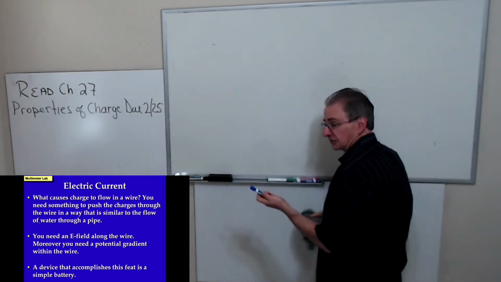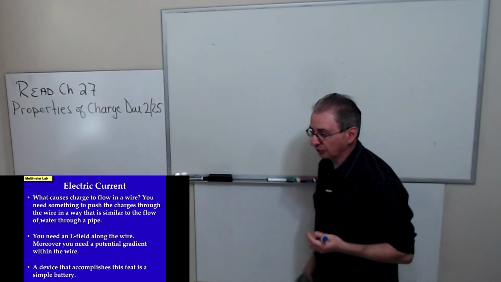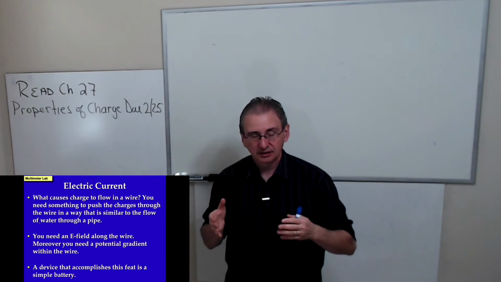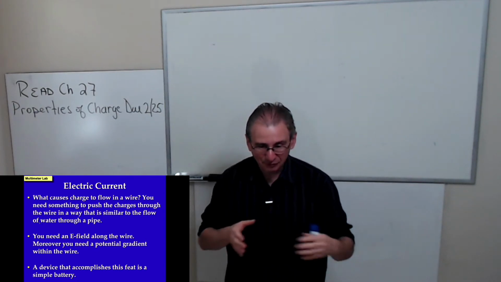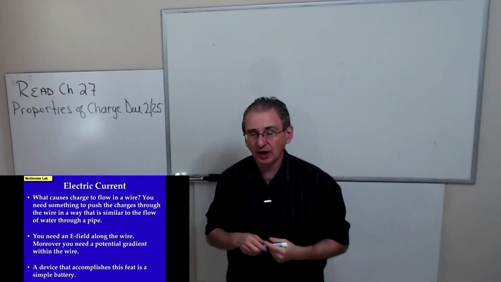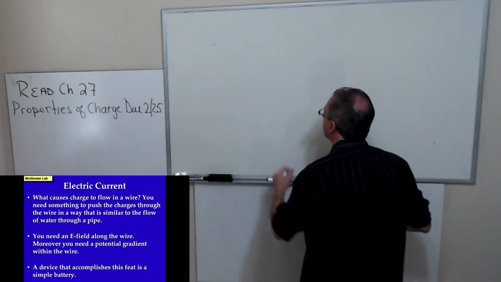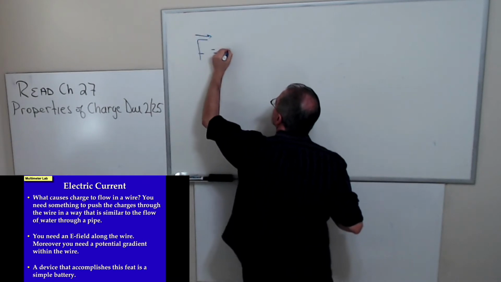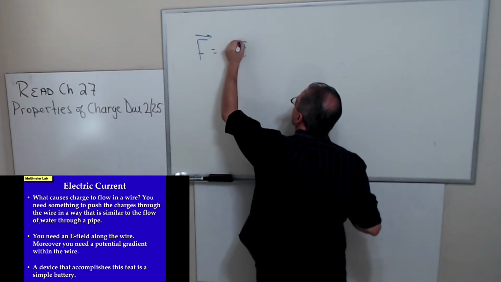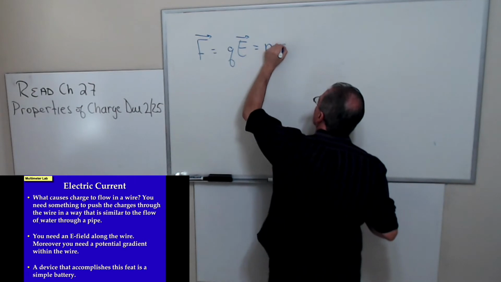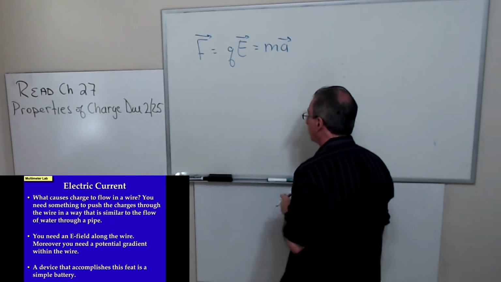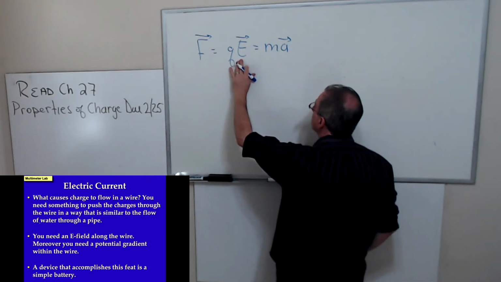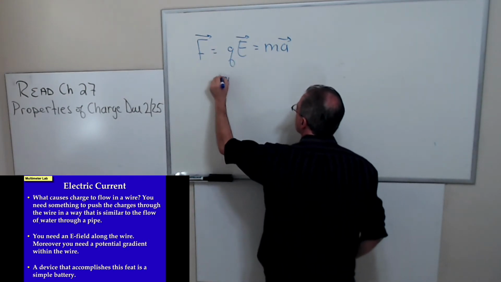What I'm about to say will work for both negative and positively charged particles, but in a wire, it's the electrons that are moving through the wire. If you remember the other day, we wrote down this equation. If you put a charged particle in an electric field, it's going to experience an acceleration.